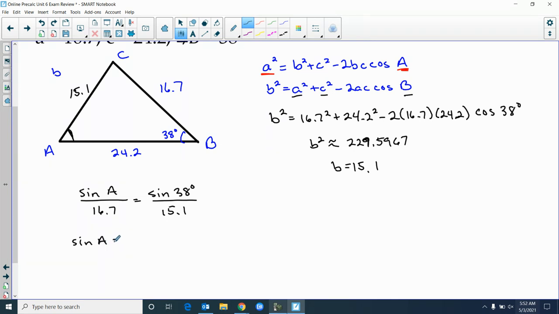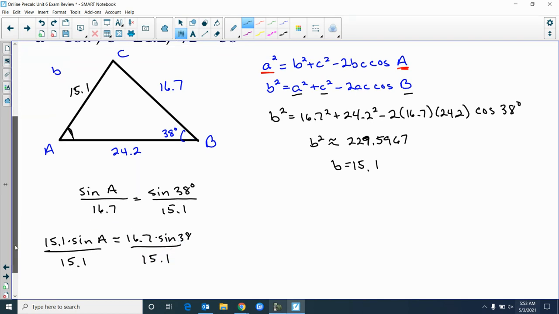So I get, cross multiply, 15.1 times sine of A equals 16.7 times sine of 38. Divide by 15.1 on both sides.